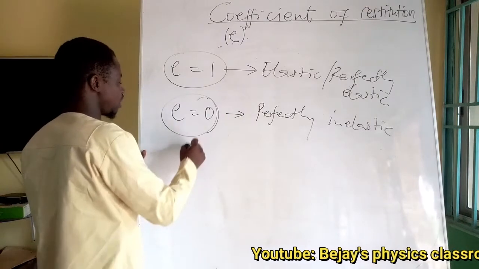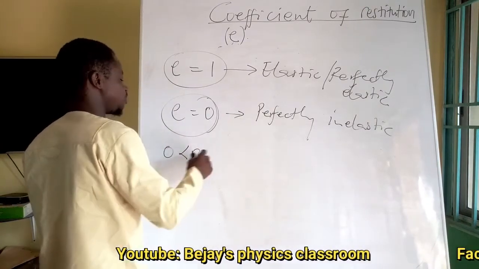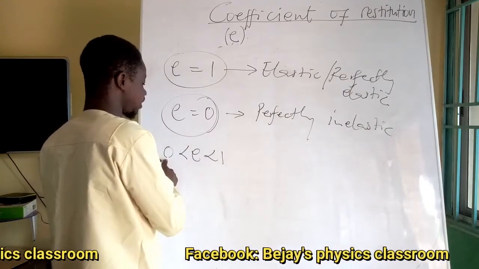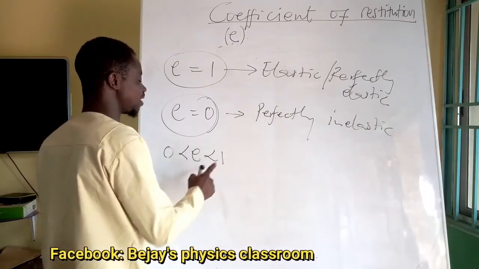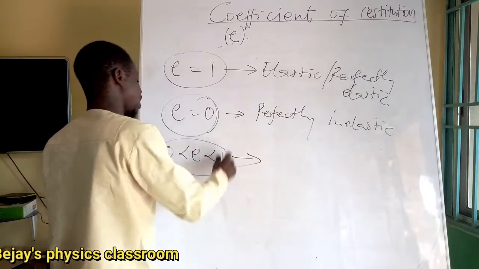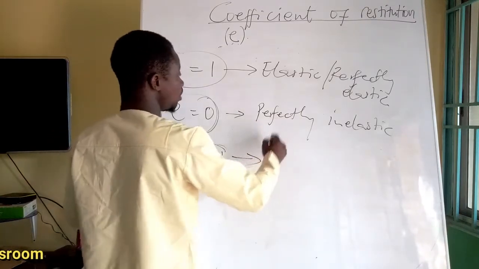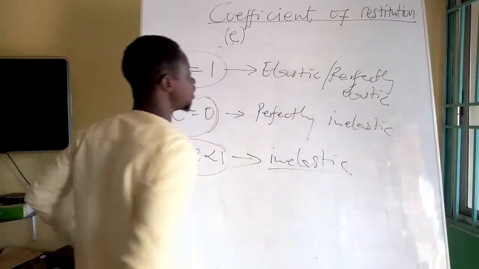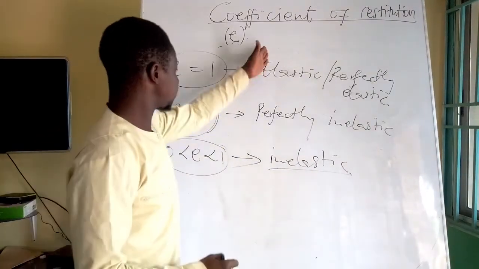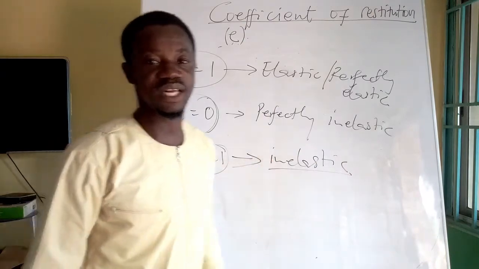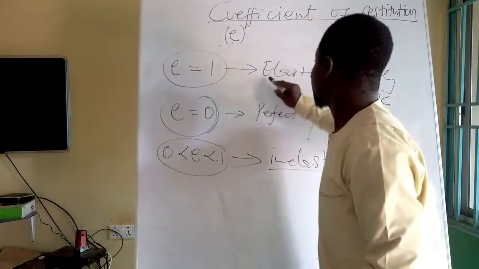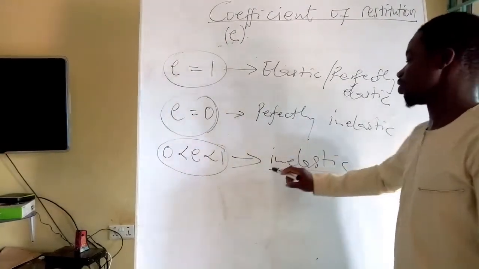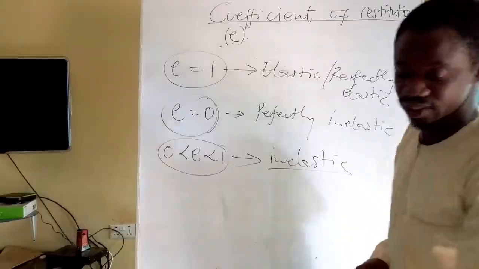And then when the coefficient of restitution is between 0 and 1, that is greater than 0 and less than 1, with 0 and 1 exclusive, then the collision is inelastic. So this gives us the three types of collision that we have: elastic collision, perfectly inelastic collision, and inelastic collision.